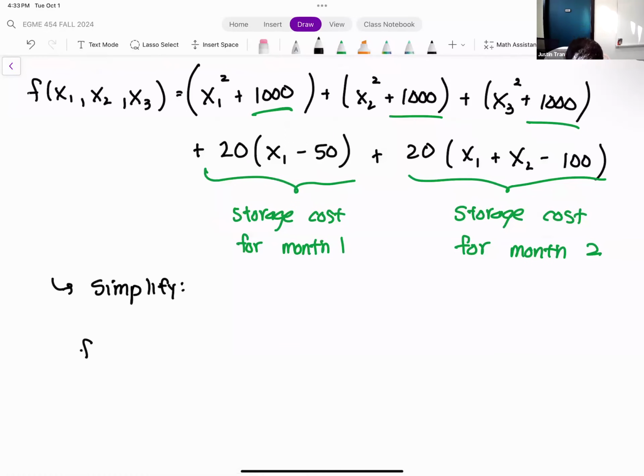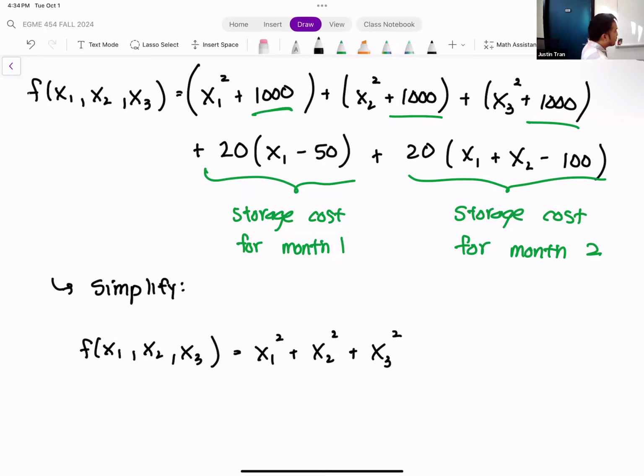what we get is F(x1, x2). First, we have all the squared terms, so x1 squared plus x2 squared plus x3 squared. All those came from the manufacturing costs in the first 3 parentheses.